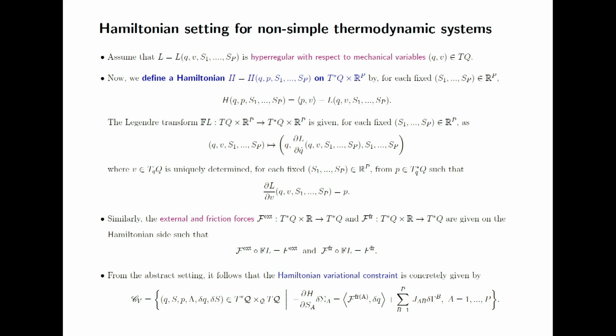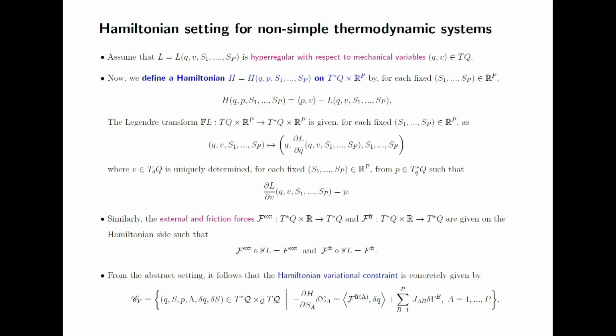Then very simply we can define the Hamiltonian on this space T star Q times R^p for each fixed thermodynamic variables S1 to Sp. We can define the Hamiltonian like this, via the Legendre transform, but it's a partial Legendre transform by fixing S1 to Sp in such a way that V is uniquely determined from P, like this.